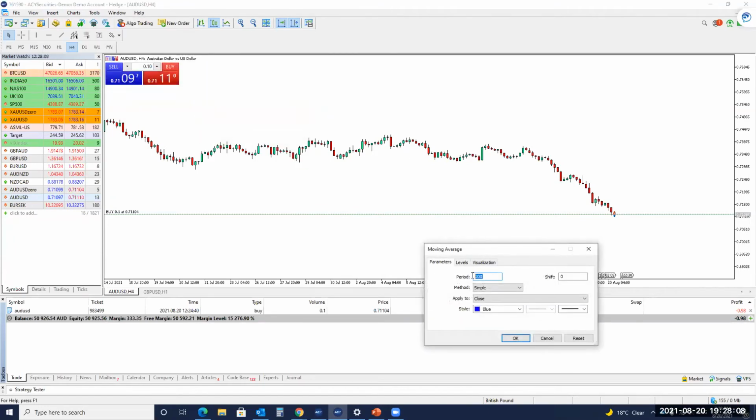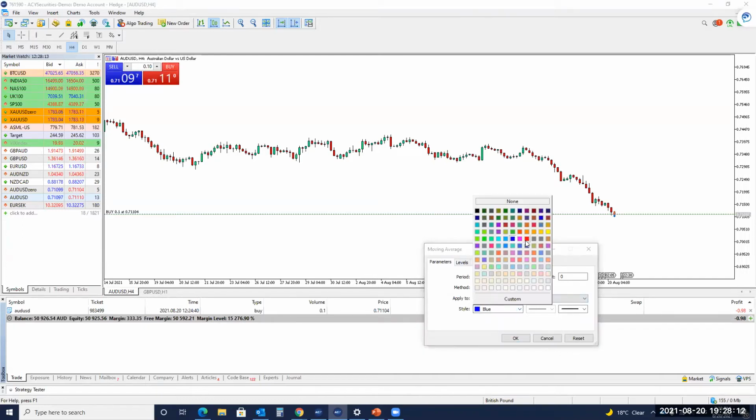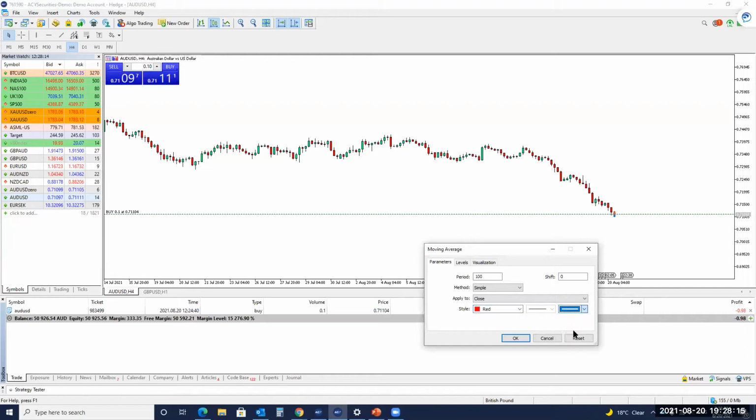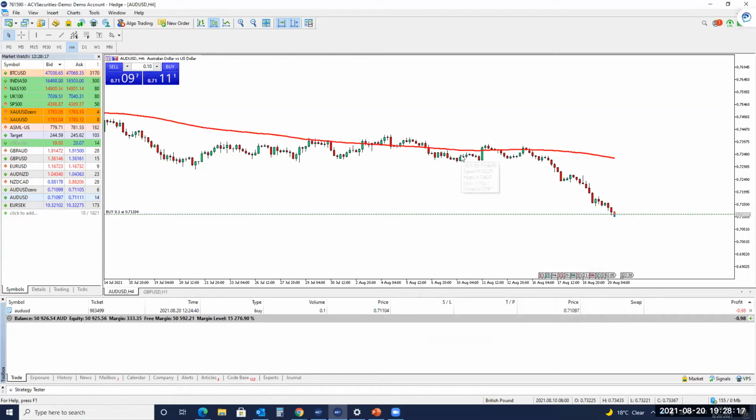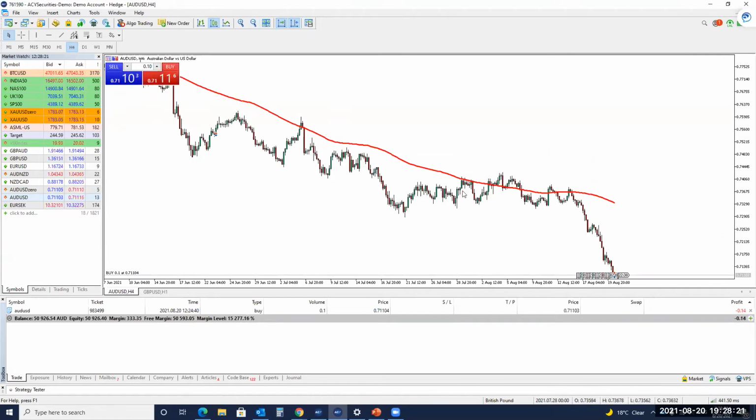Moving average, say I set a period of 100, set it to red. I can change the thickness of the line. And there it is. I have a 100-period moving average, simply smoothing out the data, enabling us to understand the overall trend. Quite simple.